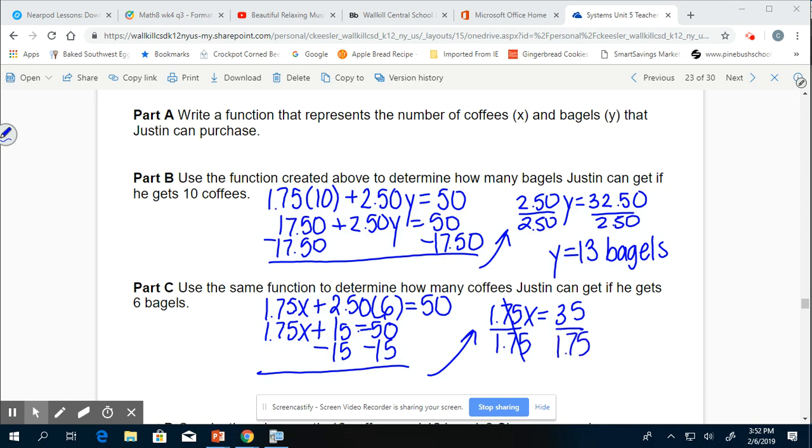And we get x equals 20 coffees. So we plugged in for bagels. So if Justin decides that he only wants to get 6 bagels, he can purchase 20 coffees.